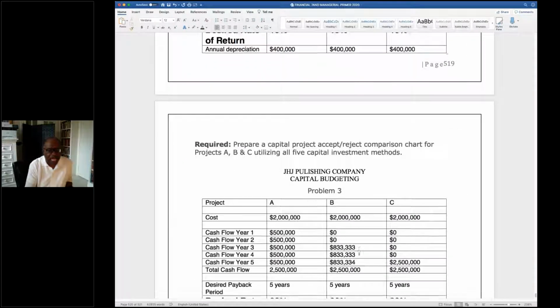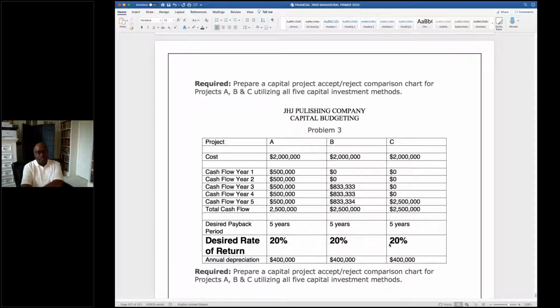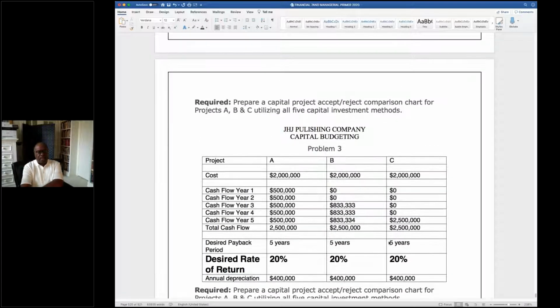Teams 6 and higher, same problem, but your desired rate of return is 20%. So the purpose of these problems is to get you involved. You don't just go and make capital expenditures and spend large amounts of money. You have to have a process to do that.